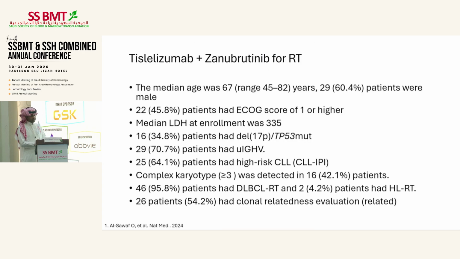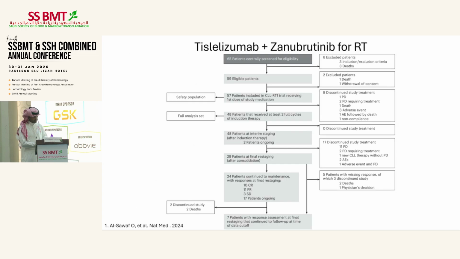If that figure was very hard for you to see, again, what we would expect in those cases, most of them had 17p or TP53 mutations. Majority were unmutated, higher CLL-IPI risk score, a lot of complex karyotype, and as I said, the majority of those patients were actually treated for Richter prior to this, which is summarized in the next slide.